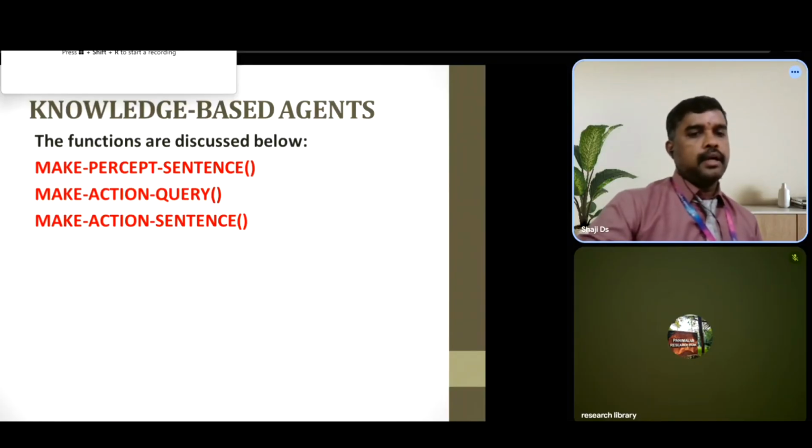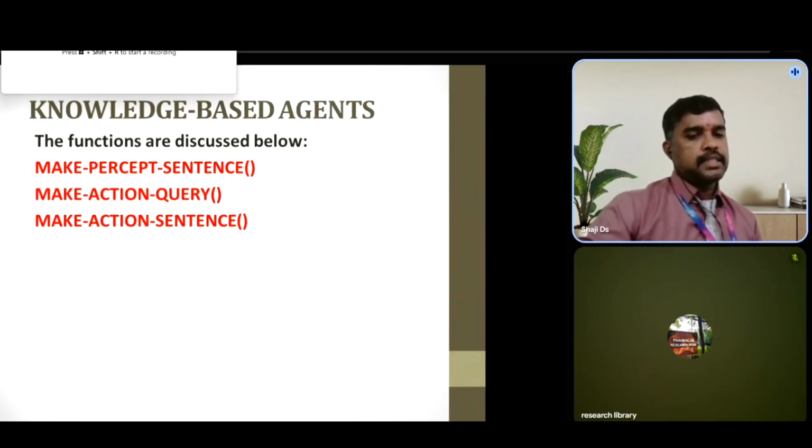And the make action query function returns a sentence which tells what actions the agent must take at the current time. So in the current circumstance, what action is taken by the agent for a particular problem is mentioned by this function, make action query.